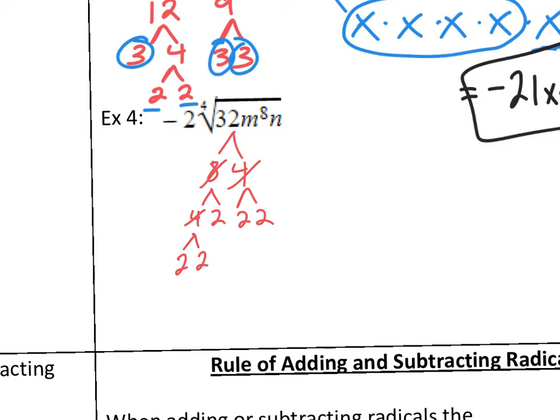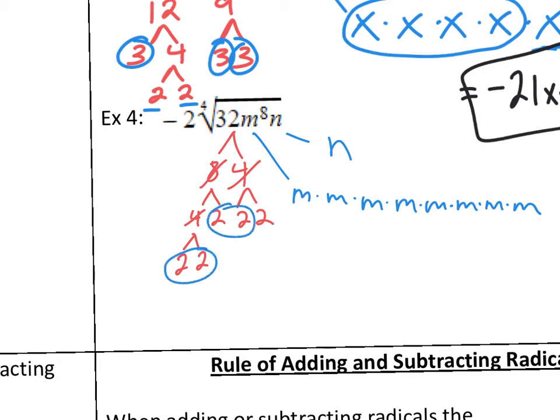Okay. M's, how many of those did I have? 8. And how many N's did I have? 1. Okay. So my groups here, I'm looking for groups of 4. So the numbers, do I have any groups of 4? Yes. What number? 2.